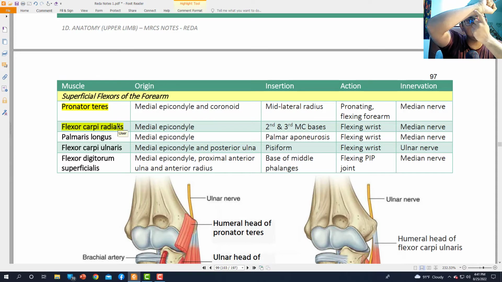Now the prominent tendon is called palmaris longus. Then pronator teres, flexor carpi radialis, palmaris longus, then flexor carpi ulnaris.